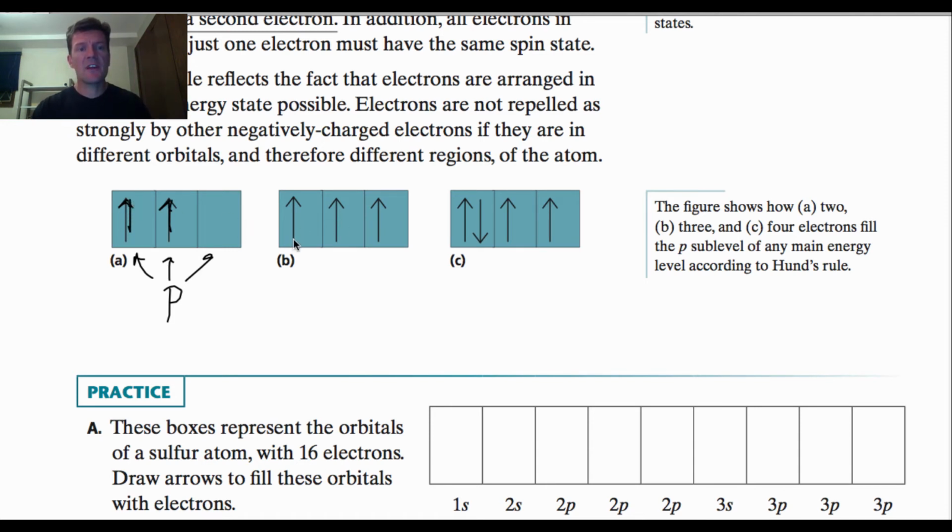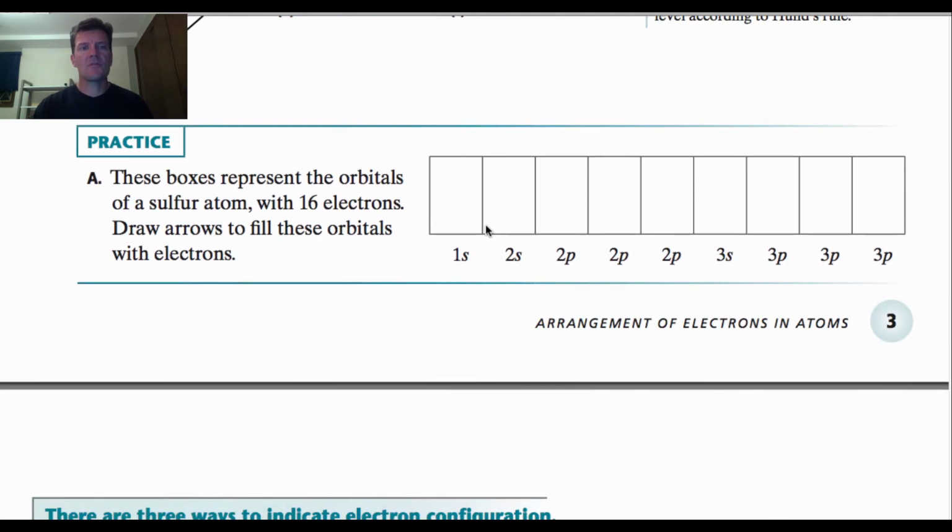And then if you've got 3, there's 1 in each of the p orbitals, and as soon as you get a 4th one, you start to go back and double up, showing a down arrow here, the electron spinning the other direction. So you don't put 2 into an orbital on the same energy level if there are others that you can start to put 1 in, and then you go back and double up once they are all filled in that energy level.